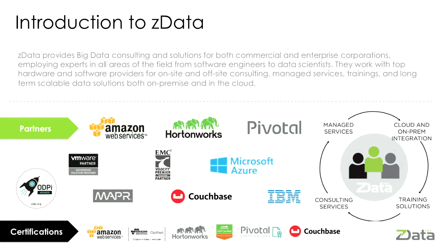To start with, a little background about ZData. ZData is a big data consulting company. We were founded in 2012, and we have about 50 people spread all across the country. We typically work with software products from our partner technology portfolios. We're a big Pivotal partner. We work with all of their data products as well as Cloud Foundry.